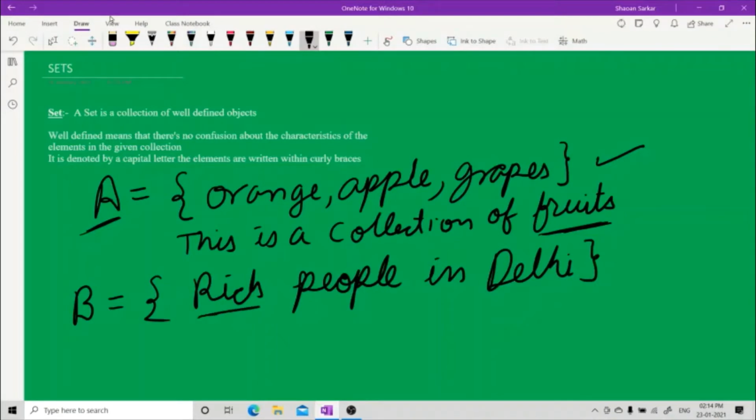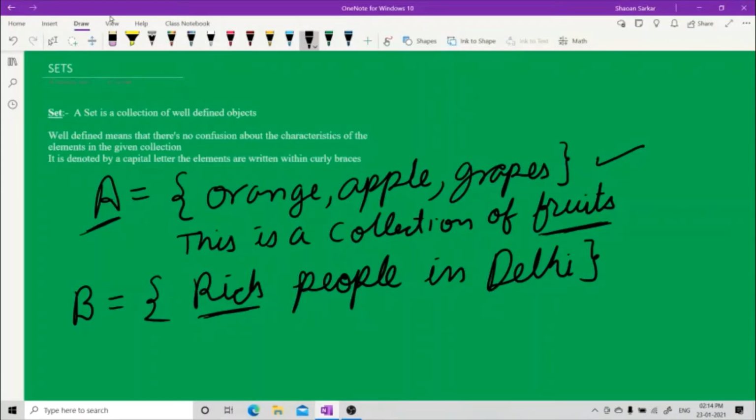Now, rich is an adjective. There will be confusion about who is rich and who is poor. Some people may claim that whose income is more than 1 lakh per month, they will say we are rich. Someone will say 50,000.